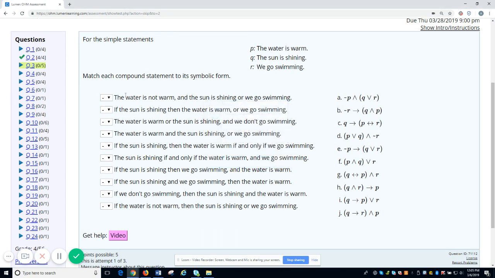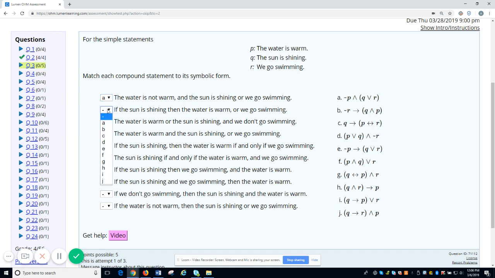All right, let's do this. The water is not warm. That's a negated P. And the sun is shining, or go swimming. That was A. If the sun is shining, so I'm going to be putting Q at the front of the arrow. Then the water is warm. Oh wait, because of the comma, if P, then Q in parentheses.